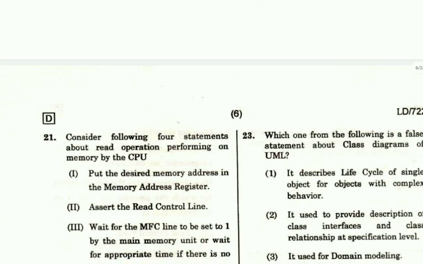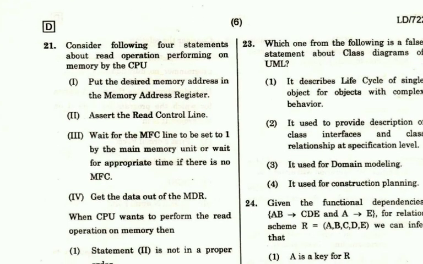Next one. Consider the following 4 statements about read operation performing on memory by the CPU. So we have to make it a proper order.